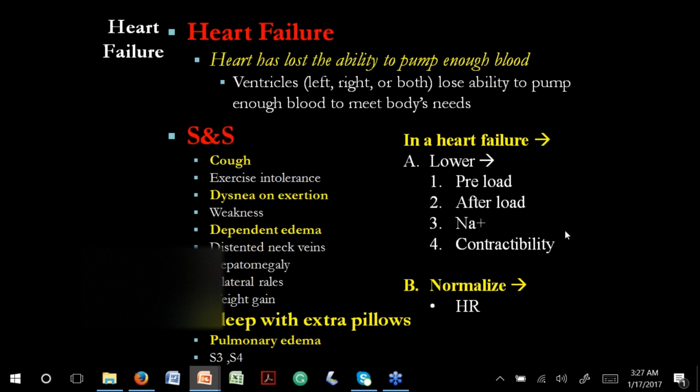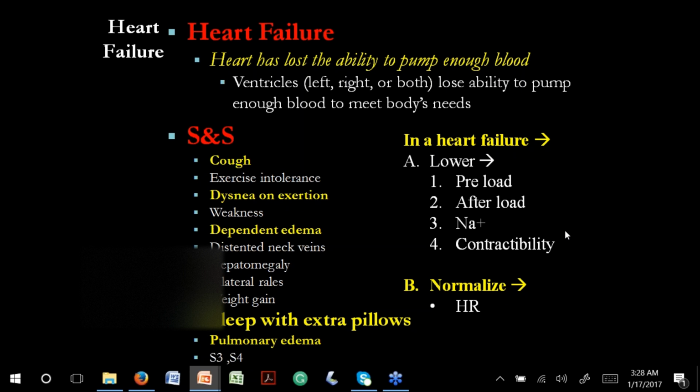The same thing with dyspnea on exertion. There is less area of the lungs, of the alveoli, because they are flooded and the exchange of gases is diminished. Dependent edema means that when the patient is sitting down or standing up, by gravity the fluid goes to the lower extremities. So these patients need elevation of the legs.